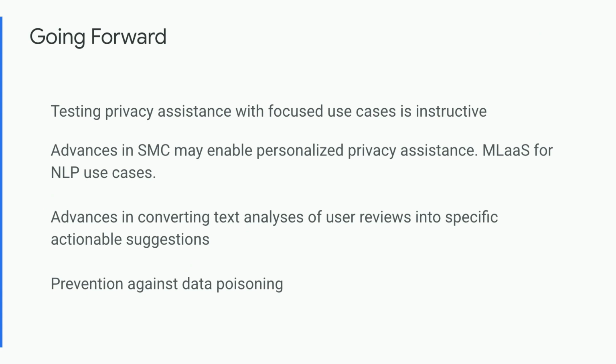So let me just end by looking back and saying here that I think privacy assistance for users, a lot of the research has been focused on particular use cases like managing cookies. I think that's really useful work to do. I think we learn a lot with each case we study.